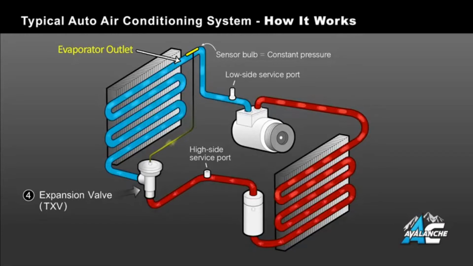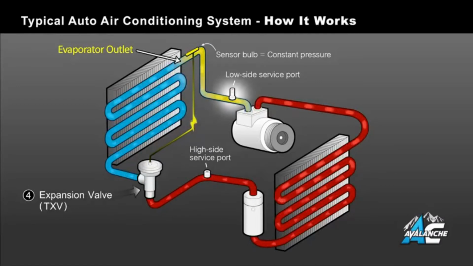Because the evaporator's outlet temperature is used to regulate the TXV valve, it sets a maximum operating pressure at the evaporator outlet. It then flows through the low side service port, where in many cases it is being measured by a low side gauge only to charge the system.